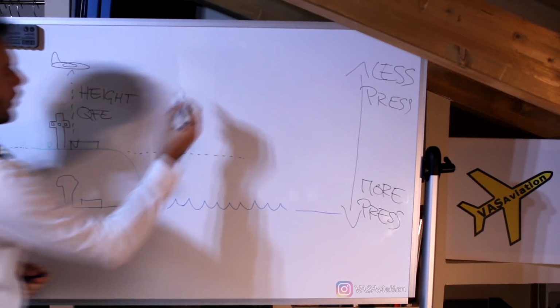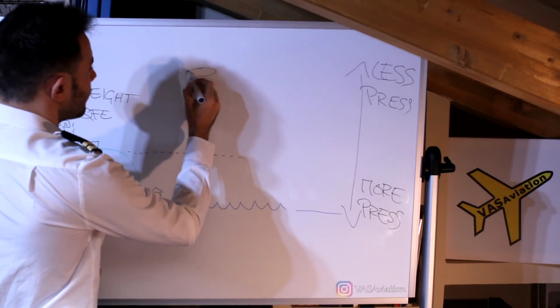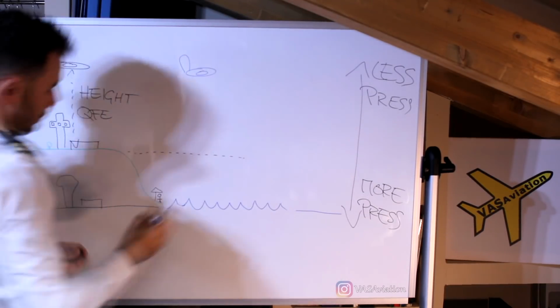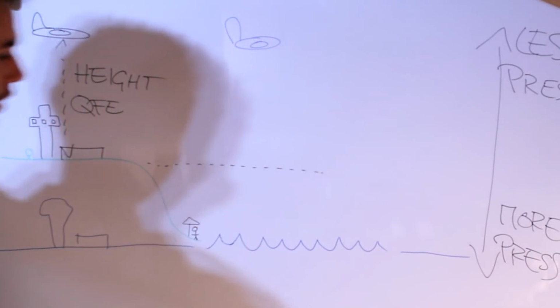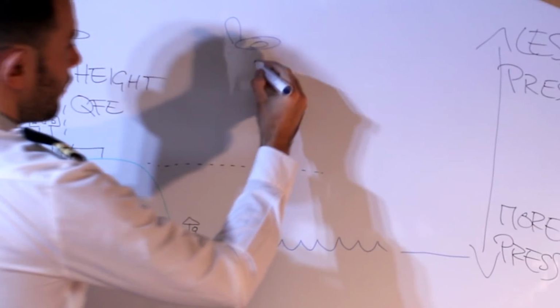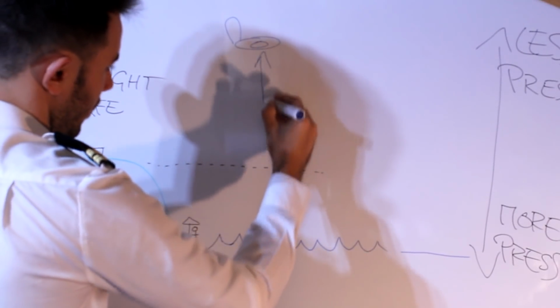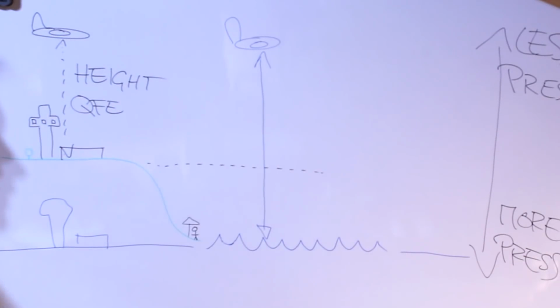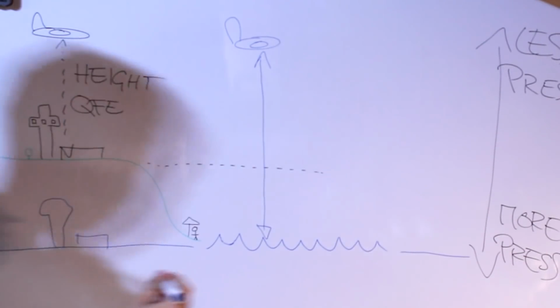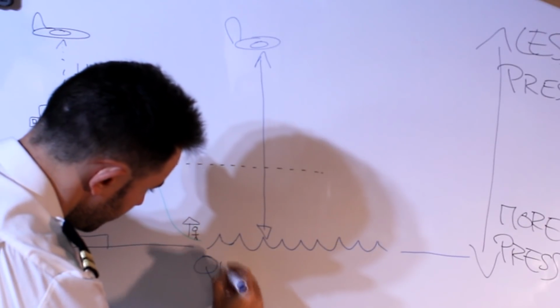But now imagine we are flying here. And we have the QNH set on the altimeter. Now the difference from our aircraft to the mean sea level is this distance. This is the QNH at mean sea level.